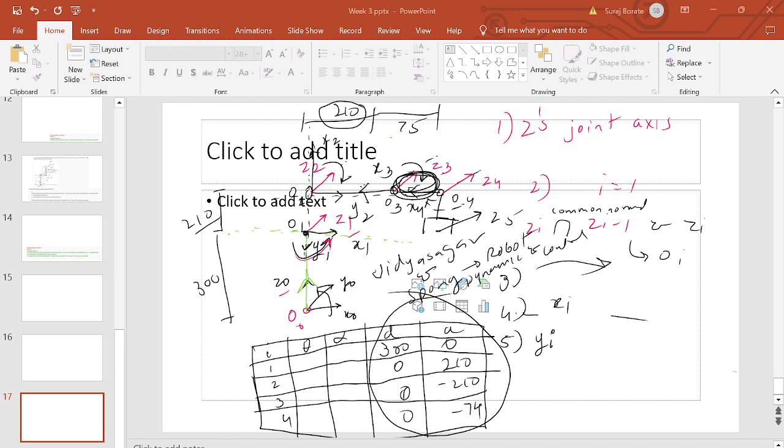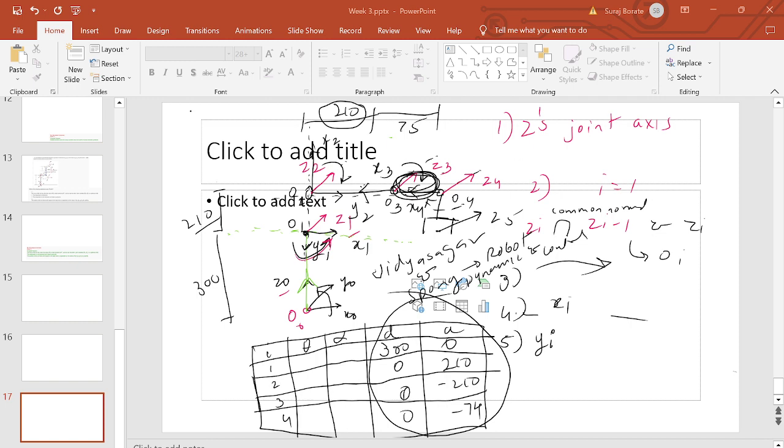You rotate it completely, and, assuming L1 and L2 are equal, it will look like this, and this can be at any position: downward, leftward, rightward. So these are infinite solutions.